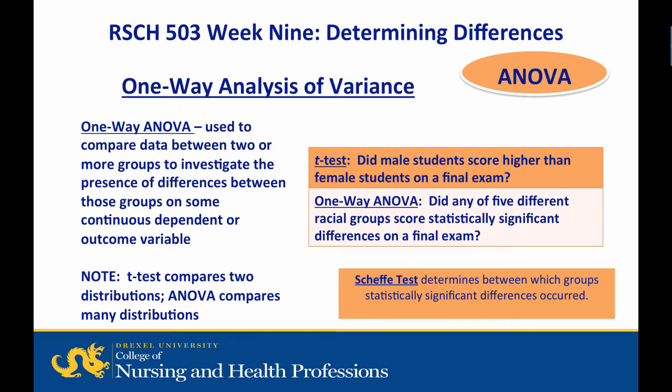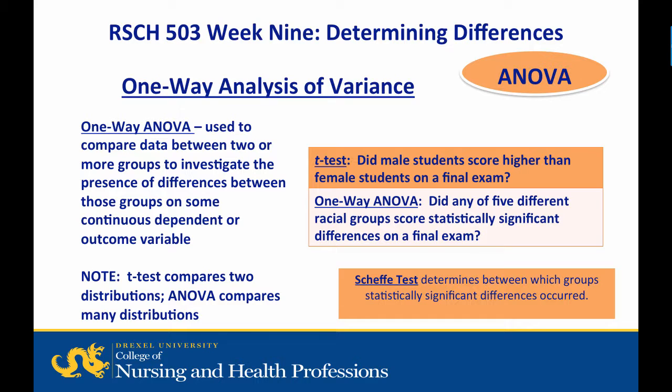Here is an example of a one-way analysis of variance. Using the one independent variable, race, a researcher wants to explore differences on a continuous variable, quiz score. The independent variable has 4 values: American Indian, Asian, Black, and White.